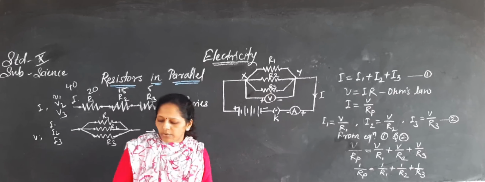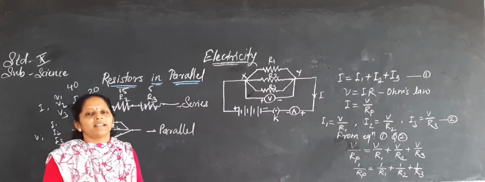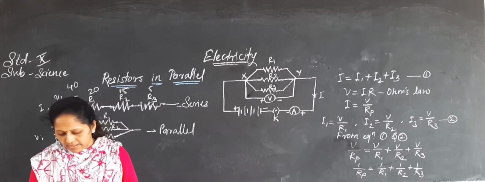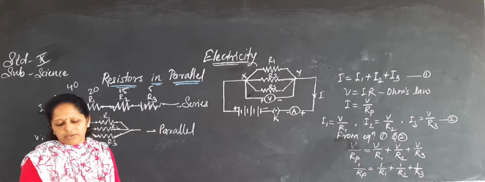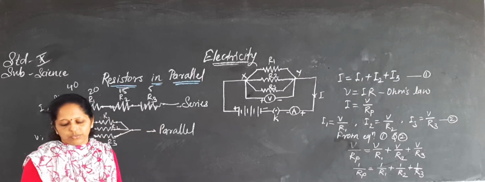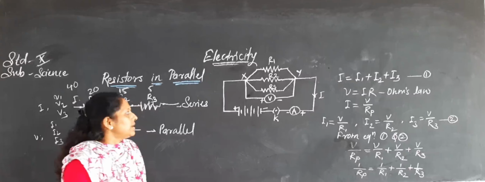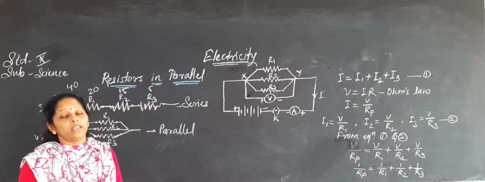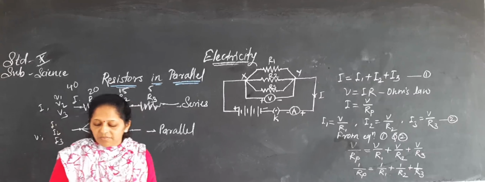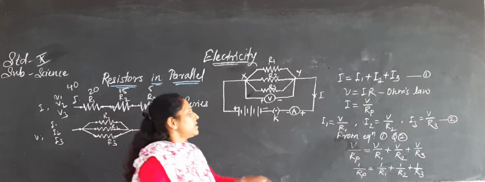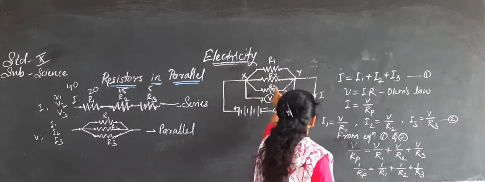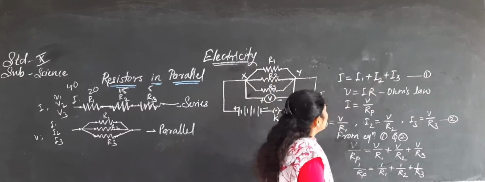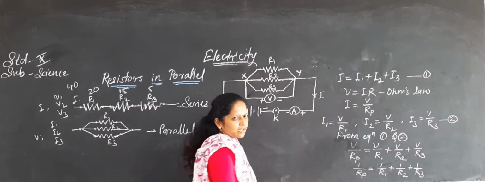It is observed that the total current I is equal to the sum of the separate currents through each branch of the combination: I is equal to I1 plus I2 plus I3, meaning it is dividing here.